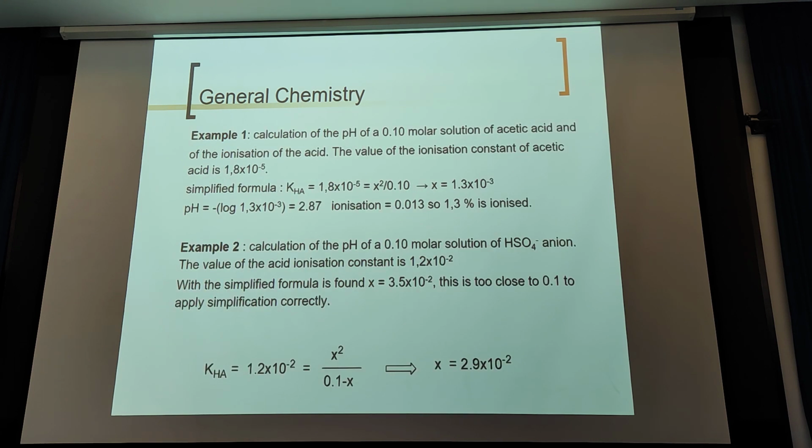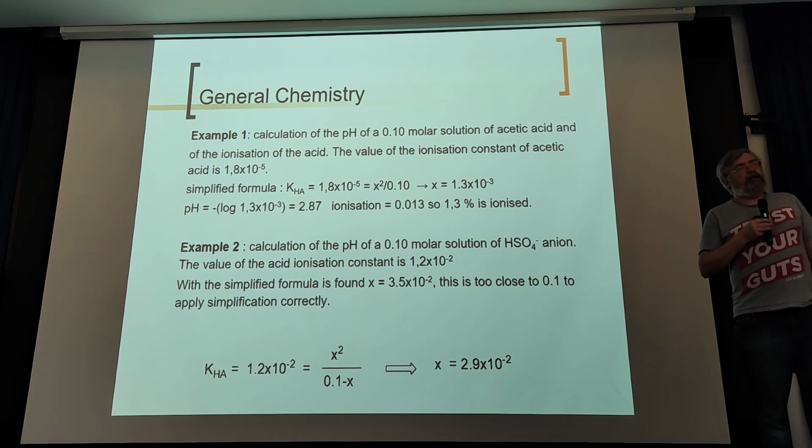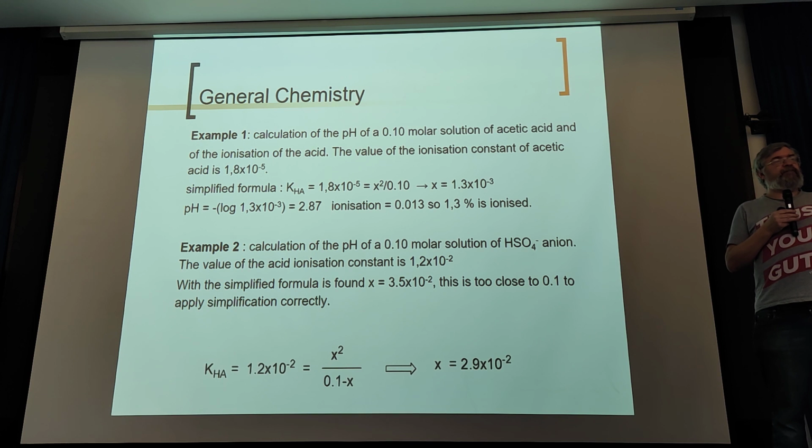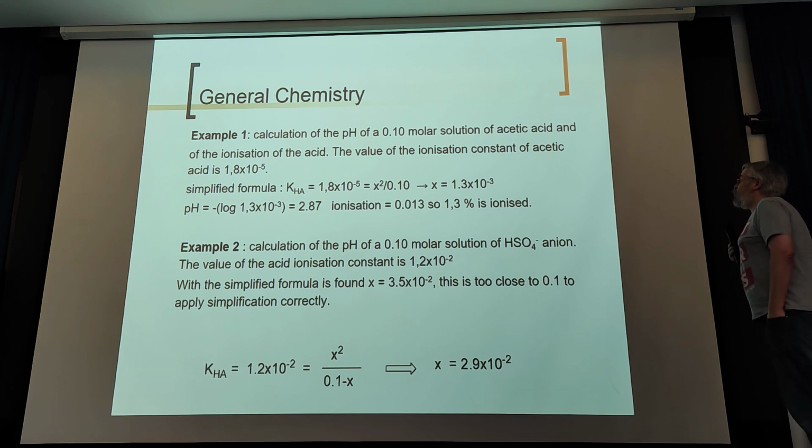Let's take some examples. So the first example is the calculation of the pH of a 0.1 molar concentration of acetic acid. Acetic acid is an organic acid which is relatively weak. It has an ionization constant of 1.8 10 to the minus 5.